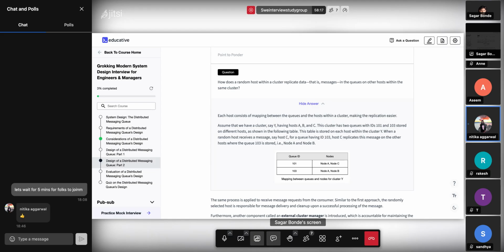This table is stored on each host within the cluster Y. When a random host receives a message, say host C, for a queue having ID 103, host C replicates this message on the other hosts where queue 103 is stored, that is node A and node B.